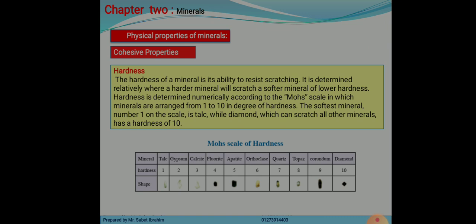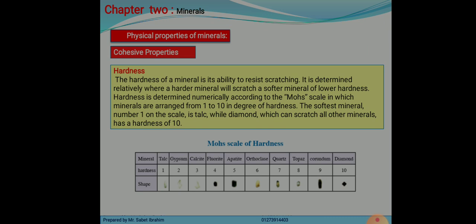Hardness is determined numerically according to the Mohs scale. Mohs scale is where minerals are arranged from 1 to 10 in degree of hardness. The softest mineral, number 1 on the scale, is talc, while the diamond, which can scratch all other minerals, has a hardness of 10.